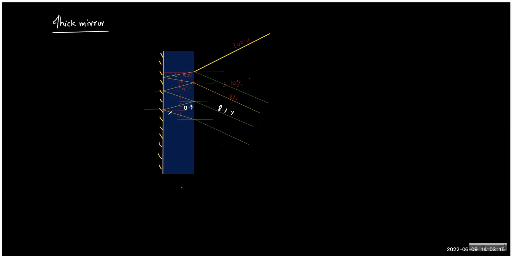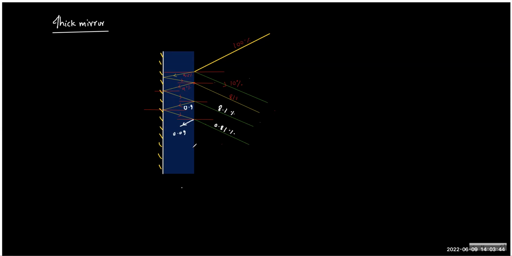And then 0.9 will go, 0.9 will come. Then again 90% of 0.9, which is 0. how much? 0.81. And what will reflect here? 0.09.